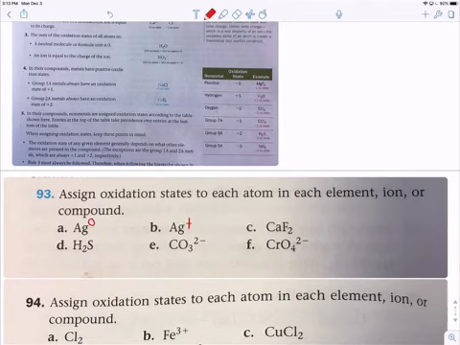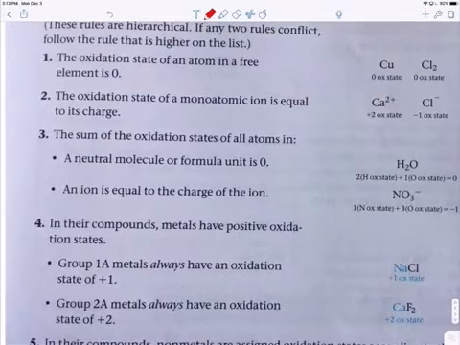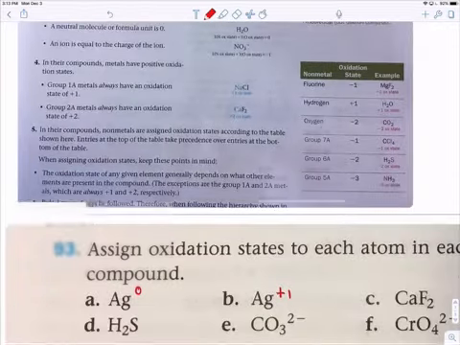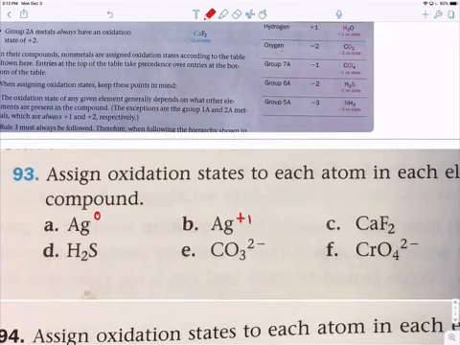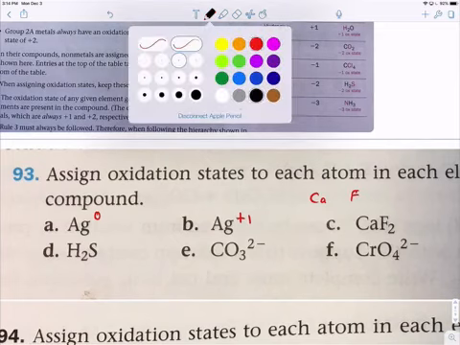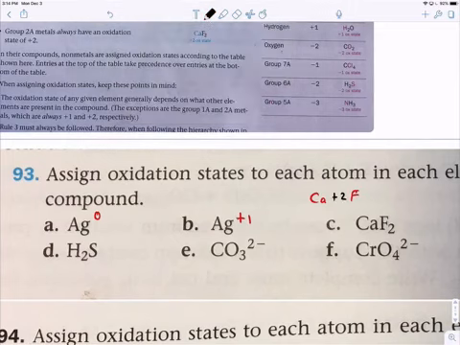So +1, 0. And now for C, calcium fluoride, the sum of oxidation states in a neutral molecule unit is 0. So this means that calcium plus 2 times oxidation of fluorine equals 0.